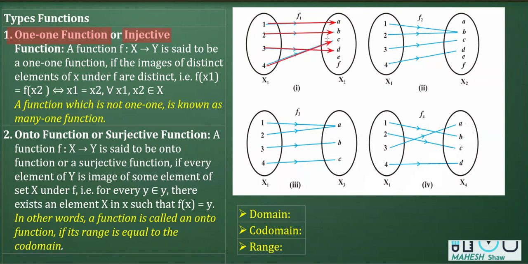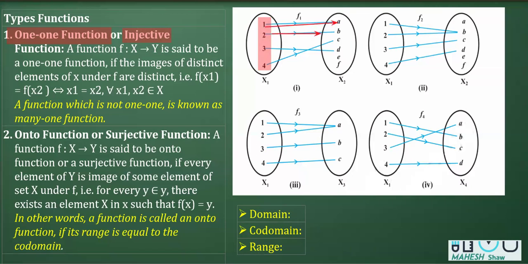So what you can see here is that under this function, say F1, the images of distinct elements of X are distinct. By that, we mean to say that each element of this domain has one unique element in the codomain.